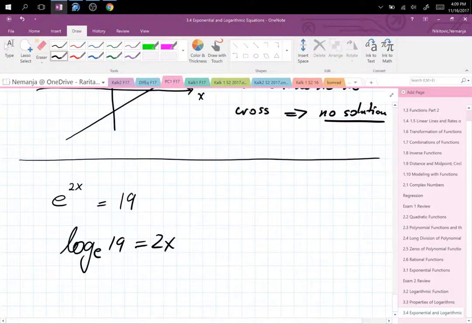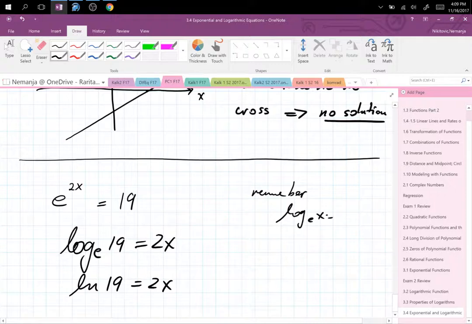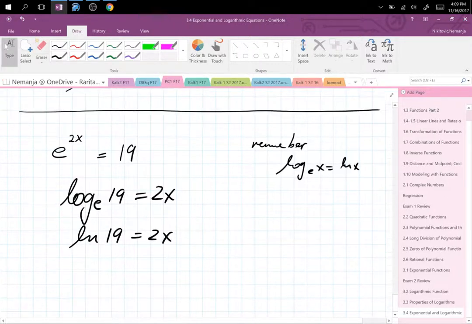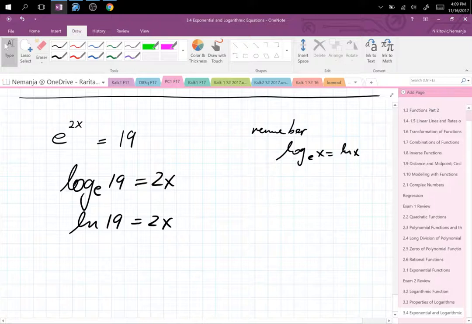But then we know that log base e is ln. So ln 19 equals 2x. Remember that log base e of x is ln x. That's shortcut notation.